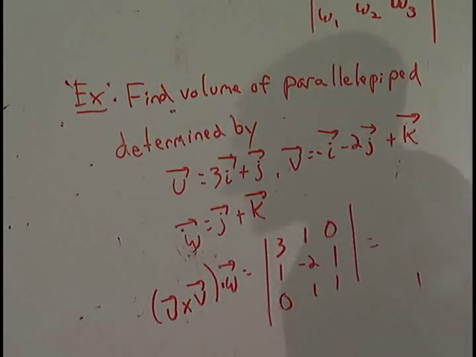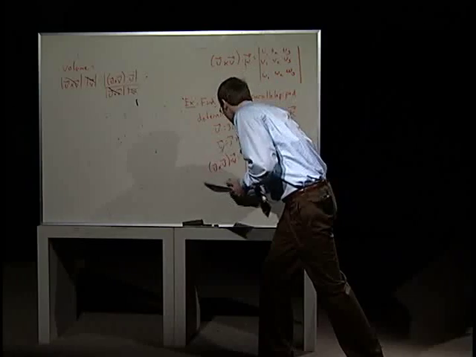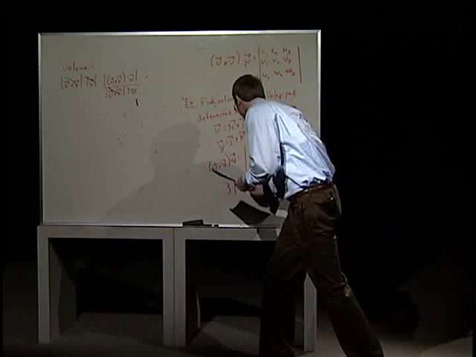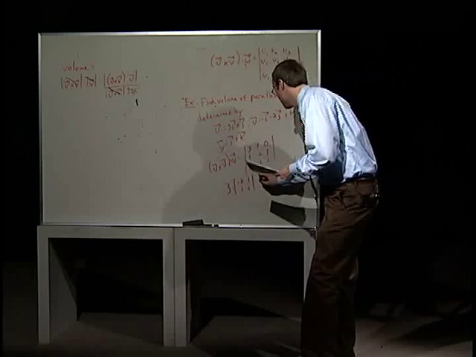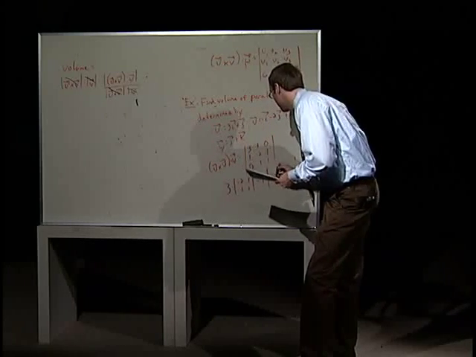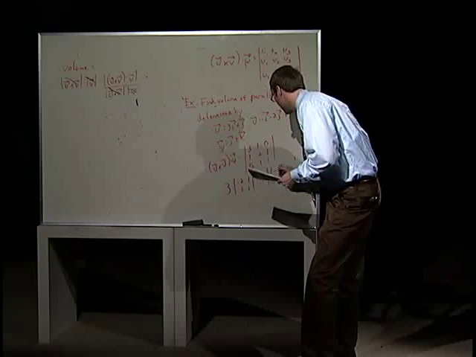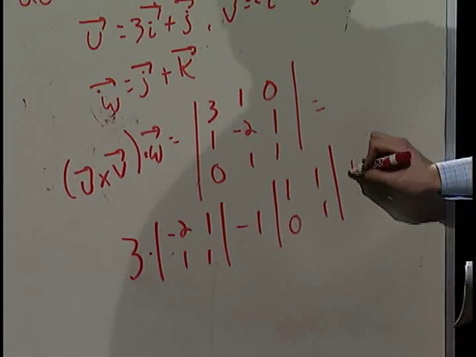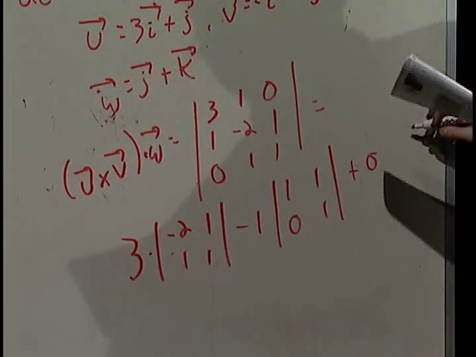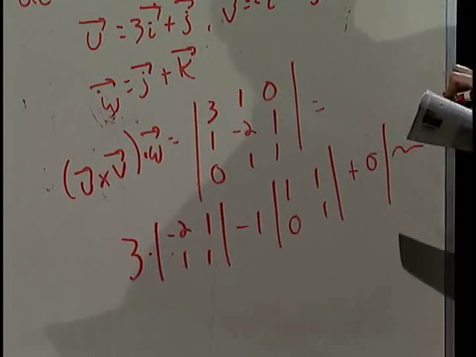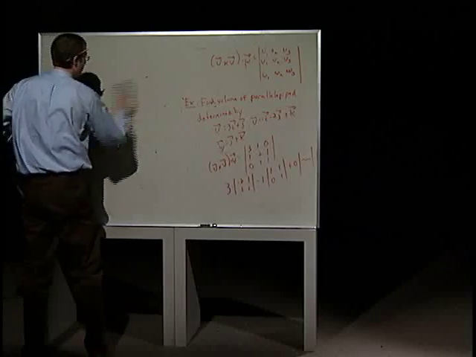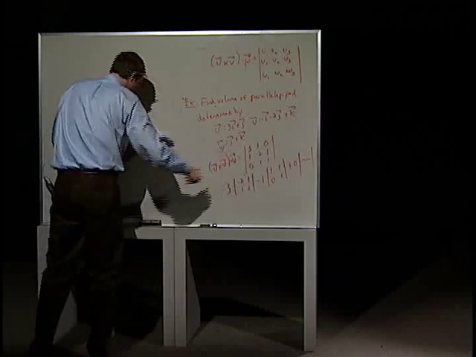And then crank this thing out. You've got 3 times this 2 by 2 determinant. Hopefully by this point you're getting comfortable with doing these. They're not so very terrible. 1, 1, 0, 1. And the nice thing about the last one is it just zeroes out. So it doesn't matter what's over here. It's gone anyway. Okay? So you have 2 2 by 2s to deal with.